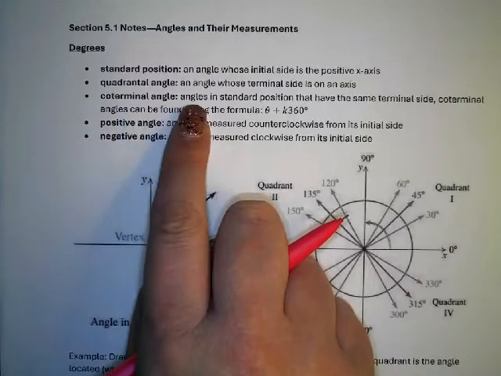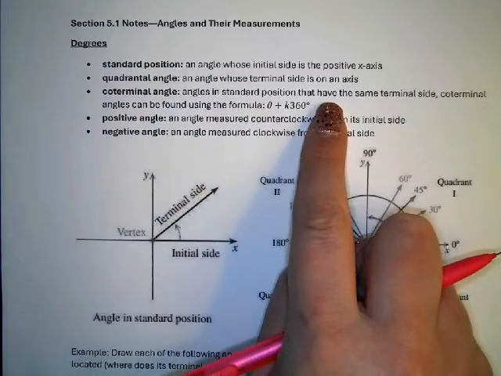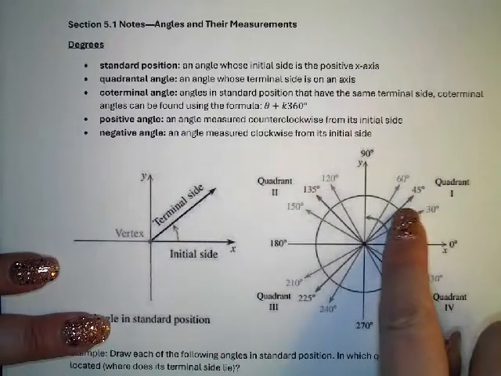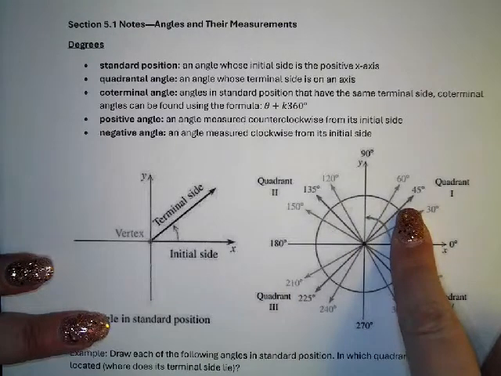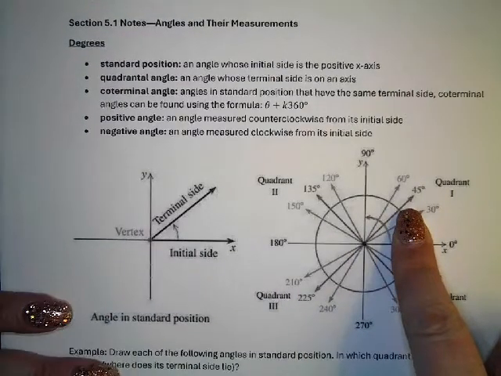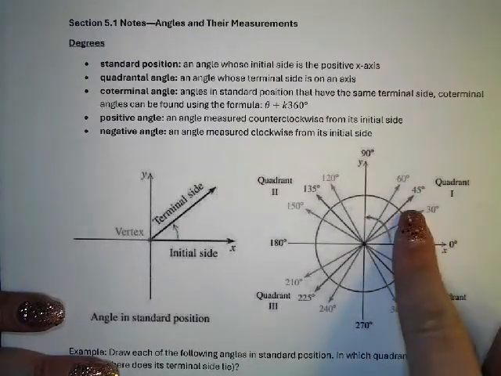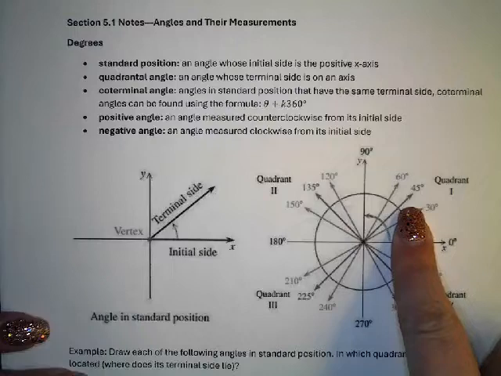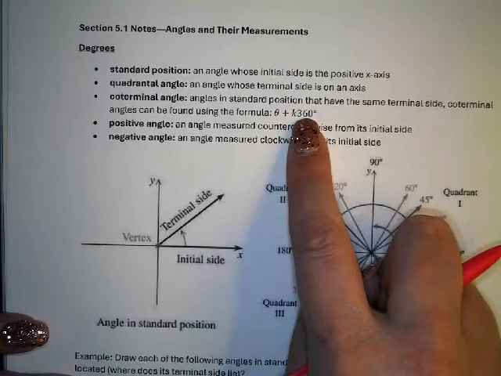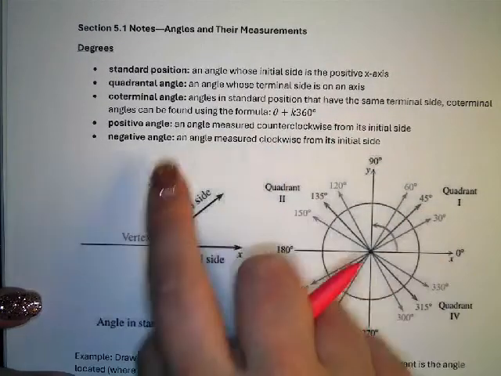A coterminal angle is an angle in standard position that has the same terminal side. So it could be 45 degrees, and then if you were to draw an angle where you went around the whole circle and then kept going, that would be 360 degrees plus another 45 degrees, which would be 405 degrees. And we'll talk a little bit more about that later on in the notes.